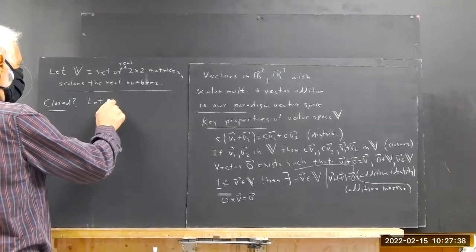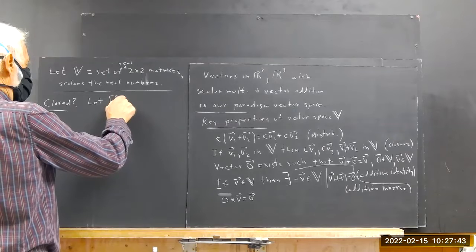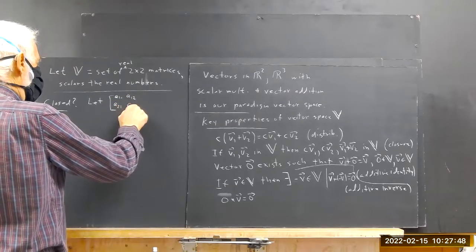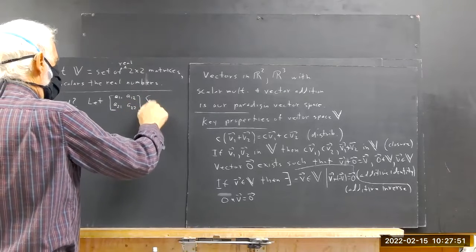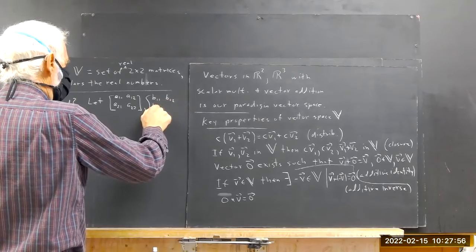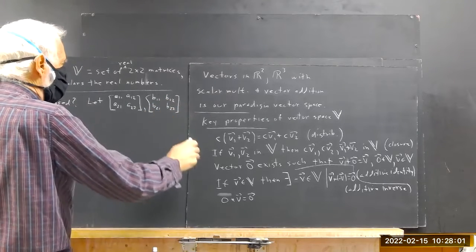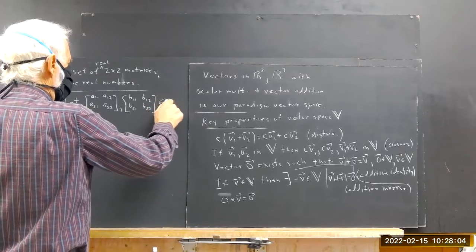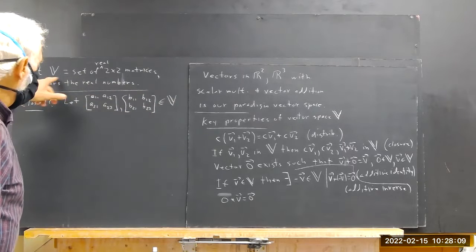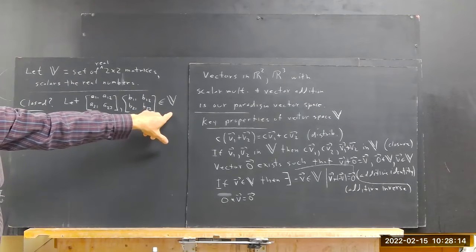I'll write this out a little more formally. Let these two vectors be members of your vector space V. First of all, does this accurately represent members of your vector space V?